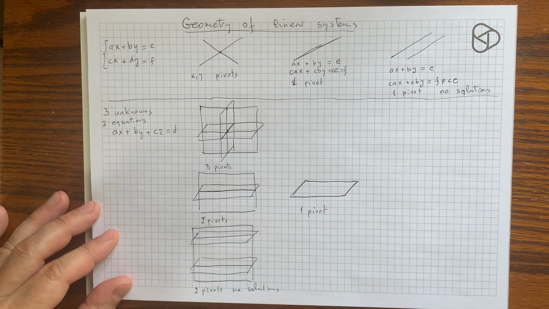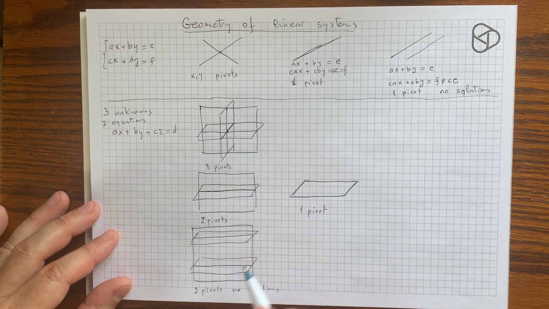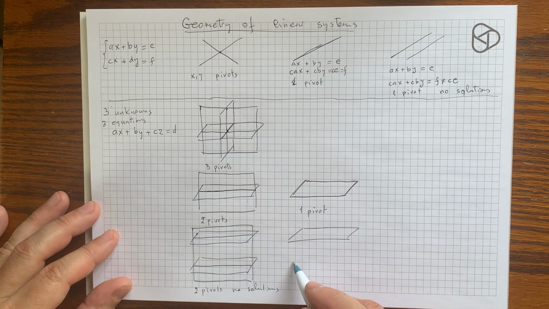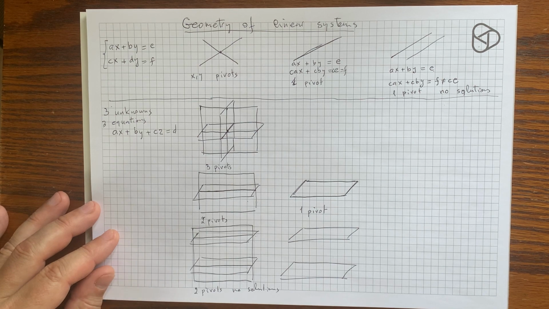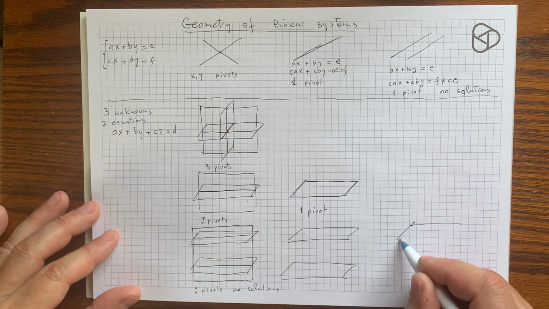And of course, with these two planes being parallel, we could have the third plane being one of the two parallel, so one will be doubled, solved twice for, and the other will be still parallel, so there will be still no solutions. Or we could have three parallel planes.